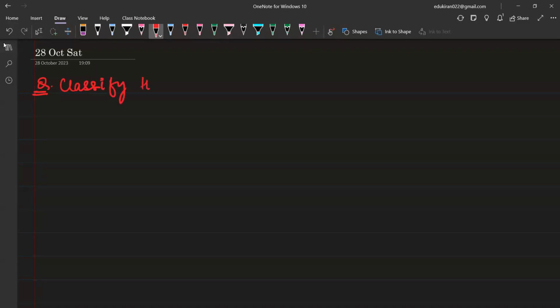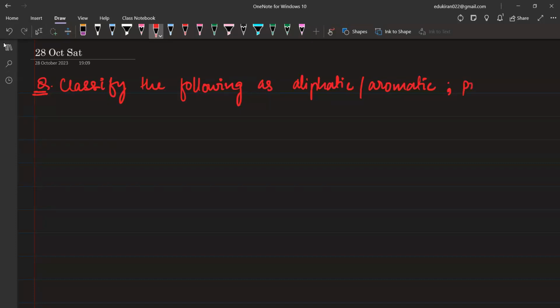Classify the following as aliphatic or aromatic, primary, secondary or tertiary, and then saturated or unsaturated.